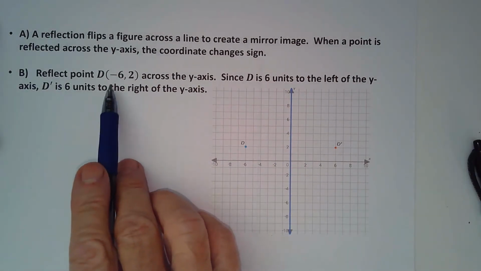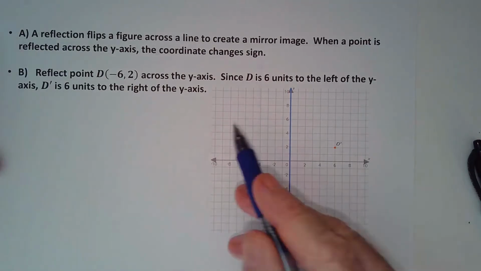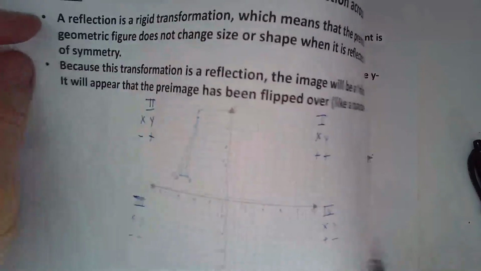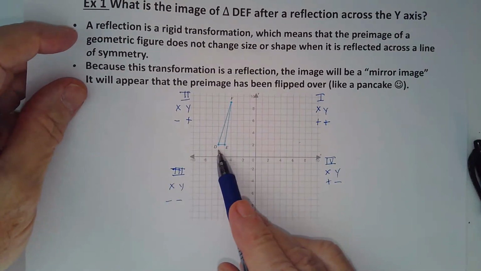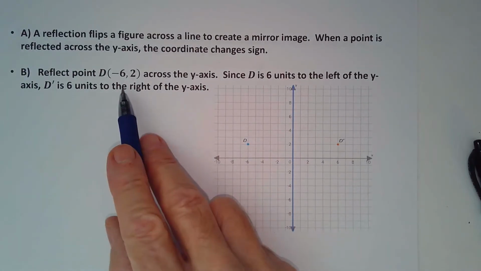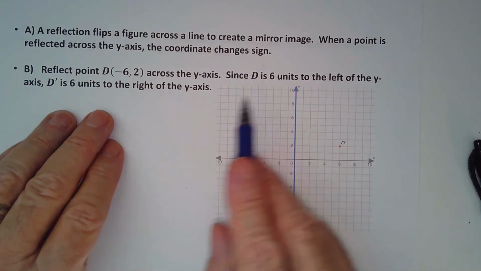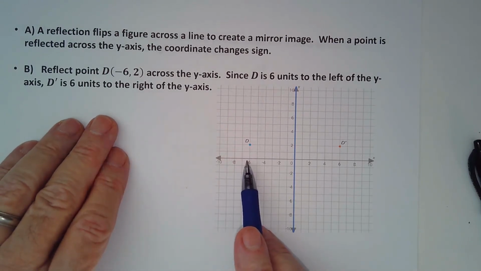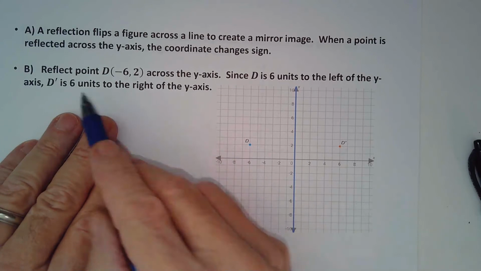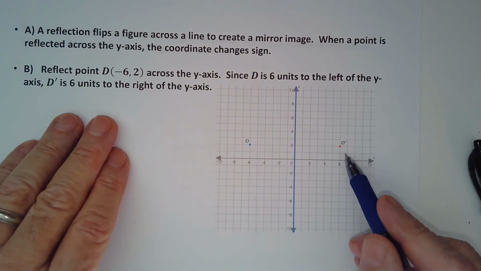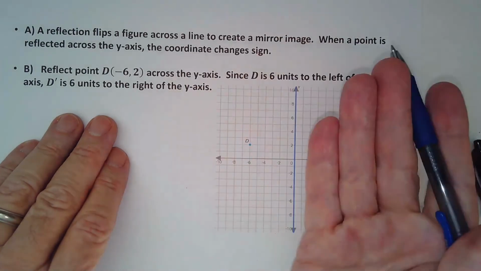So we're going to reflect the point D, which is negative 6, 2. That's the first point. Those are the coordinates for D here. Since D is 6 units to the left of the y-axis, D prime, which is going to be the image point, is 6 units to the right, because you've got this pancake flipping thing going.